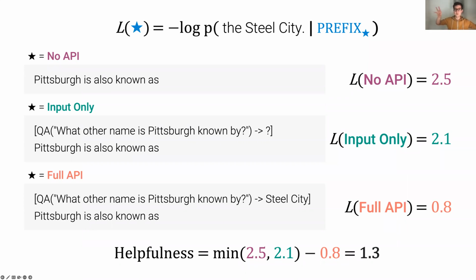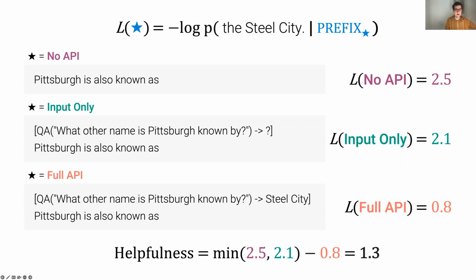So sometimes it would use information from later in the text and put that into the question. For example, it might ask the question, why is Pittsburgh known as the Steel City in this case? And then the answer would be completely irrelevant, but it would still be helpful because at the time the model wrote the API call, it was able to look into the future. And those are most of the cases that we wanted to filter out by looking at this input only thing as well. Does that answer the question? Yep, thank you.